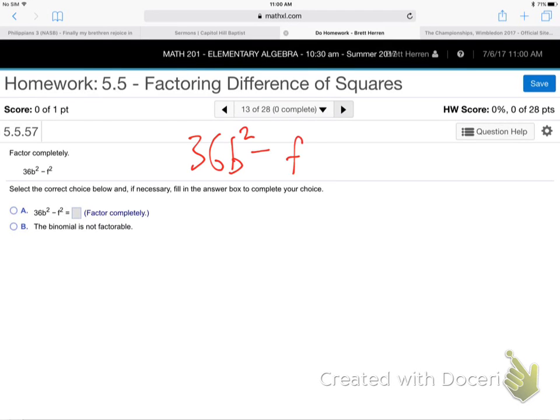36b squared minus f squared. All right, so try that one. It's already got the minus in the middle, so you don't need to reorder anything.